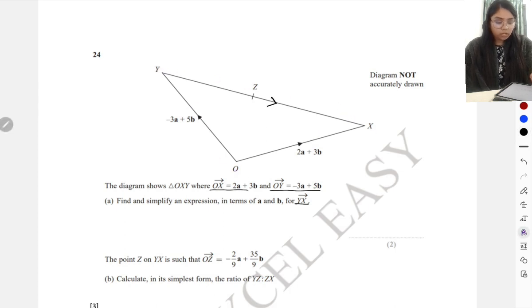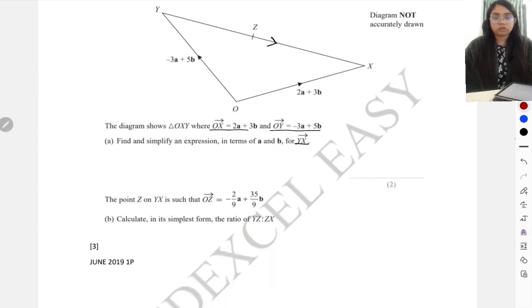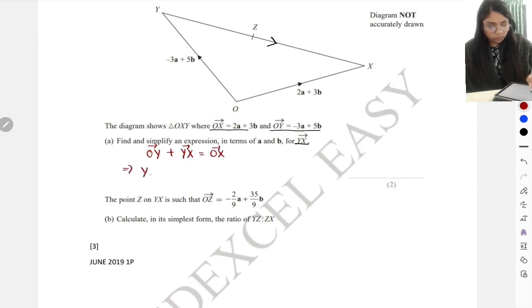OY and YX are traveling in the same direction, whereas OX was in the opposite direction. I'll first write down the formula: OY plus YX is equal to OX, which means that if I make YX the subject, that will be OX minus OY.